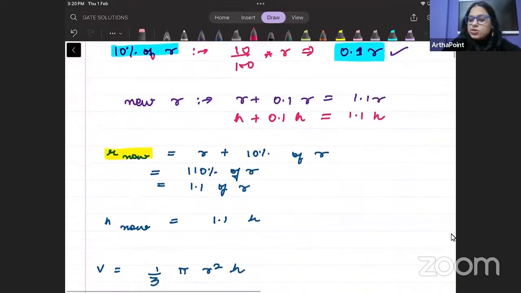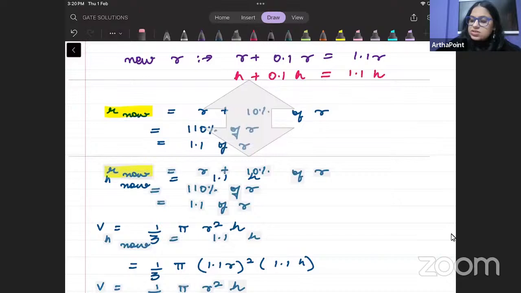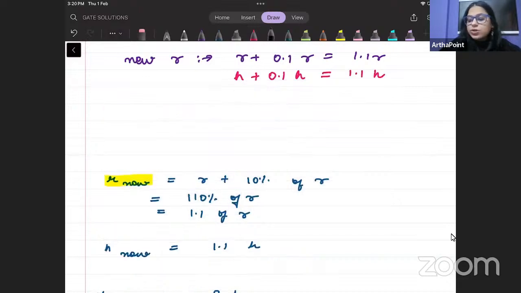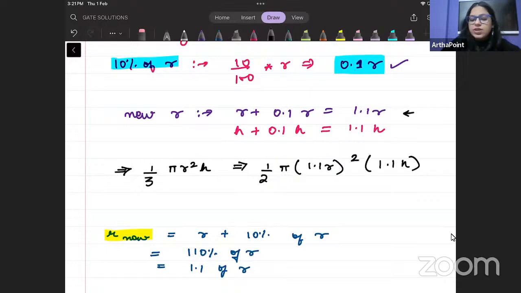Now can you tell me what is going to happen to the volume? It is important that you remember the formula of the volume. The formula of volume is 1 by 3 pi r square into h. The new r is 1.1 r and the new h is 1.1 h.